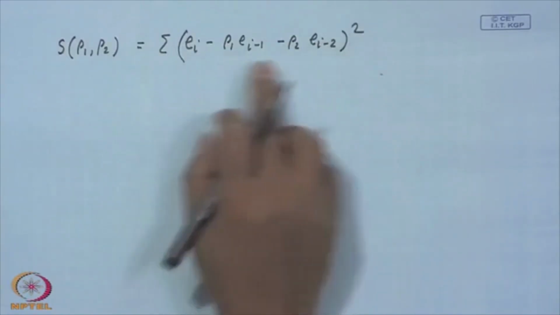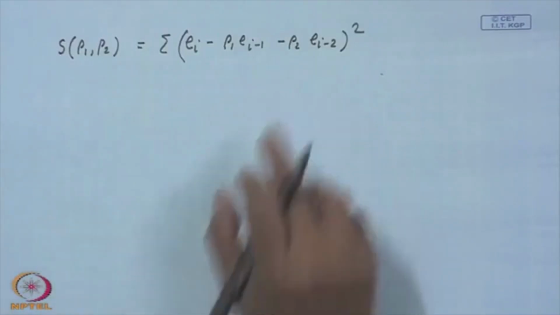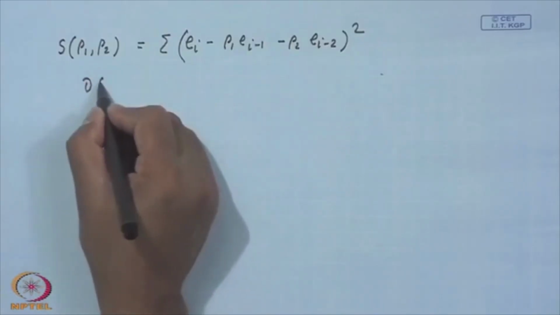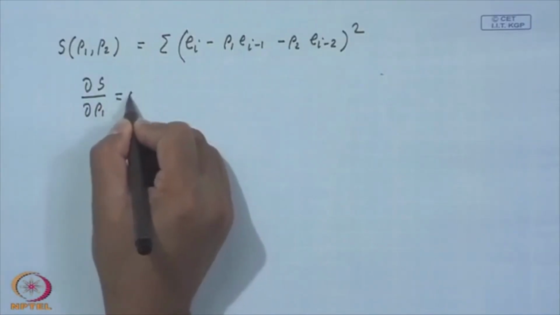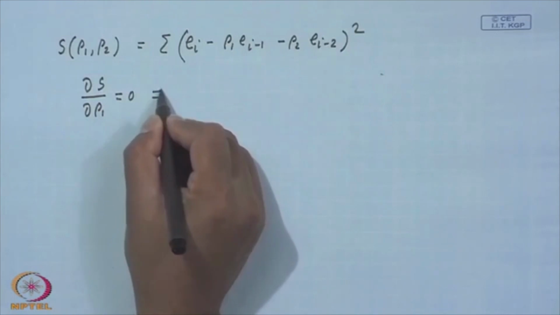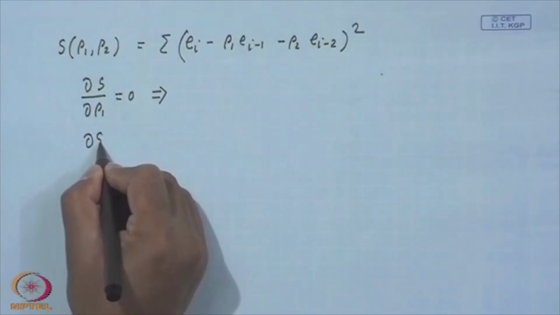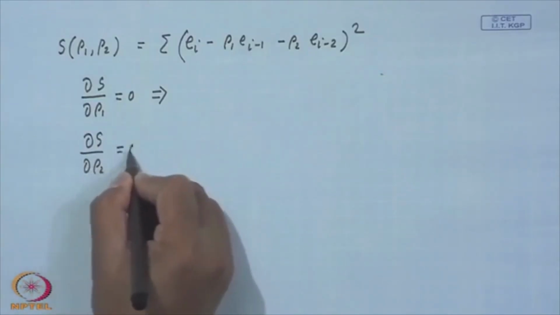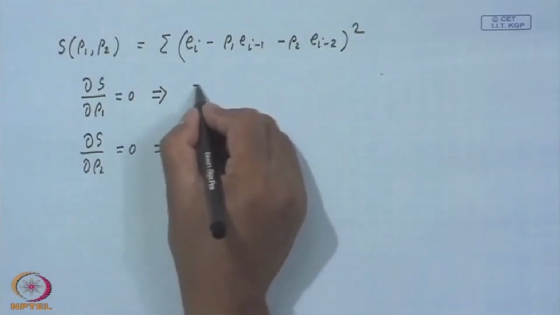So, you estimate rho 1 and rho 2 in such a way that this least square function is minimized, and what you do is that you just differentiate S with respect to rho 1, set it equal to 0, which will give you one normal equation, and similarly the partial derivative of S with respect to rho 2 equal to 0 will give you another normal equation. Let me write down those things.